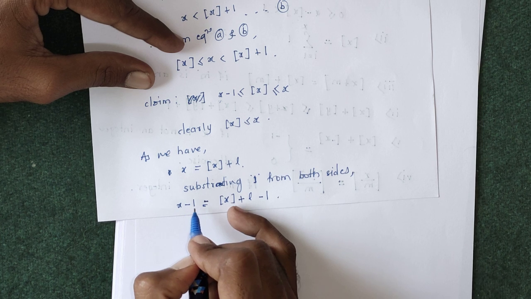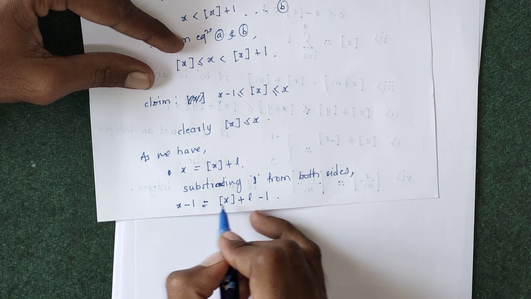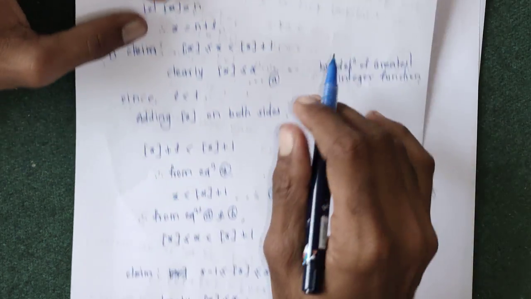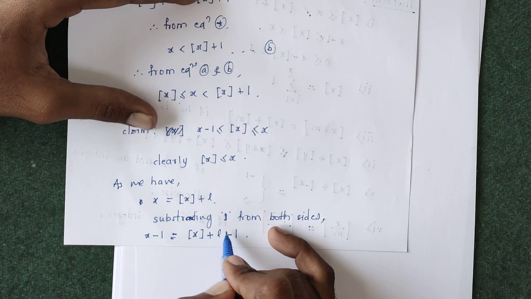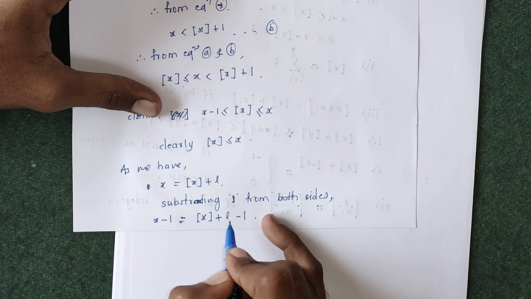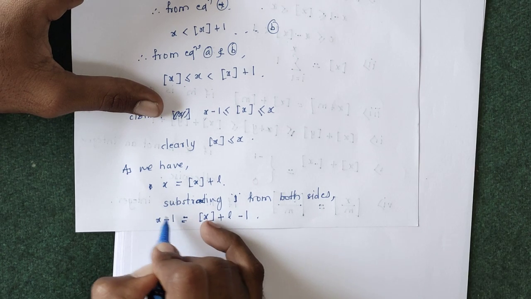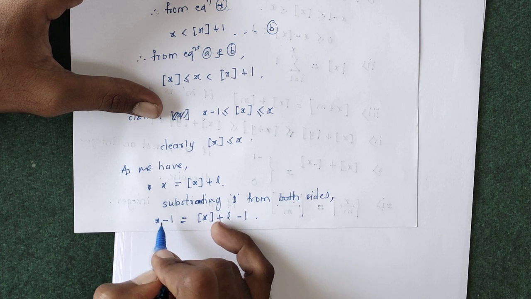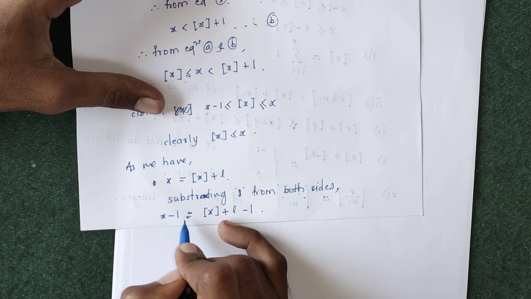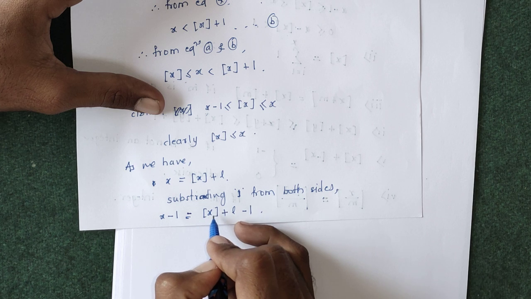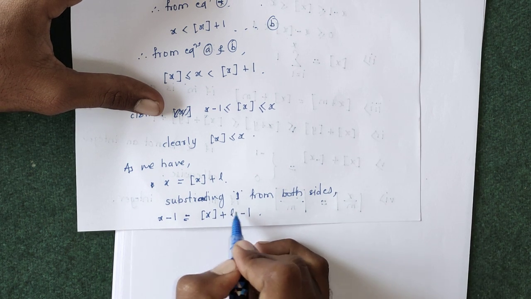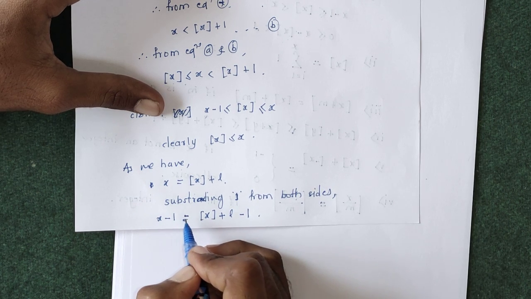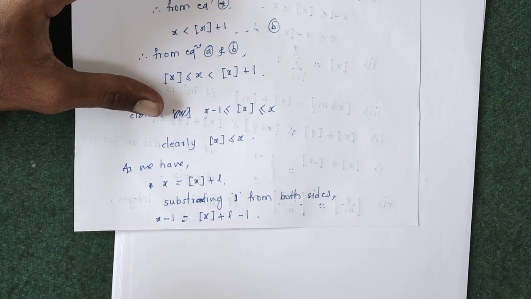This means that x minus 1 is less than integral part of x, because we subtract something from integral part of x to get x minus 1. So, clearly x minus 1 is less than or equal to integral part of x.